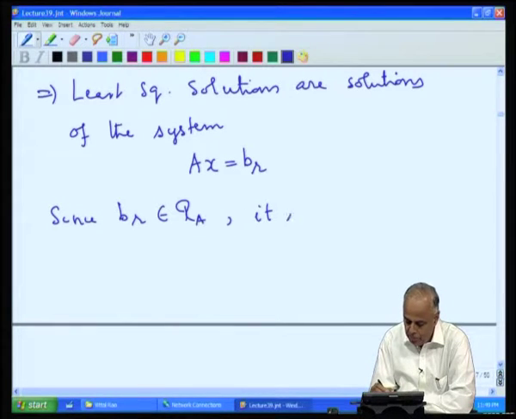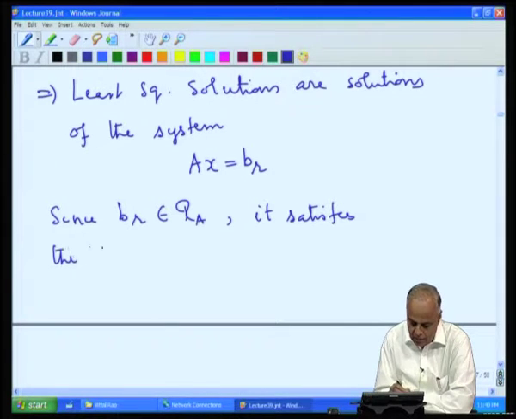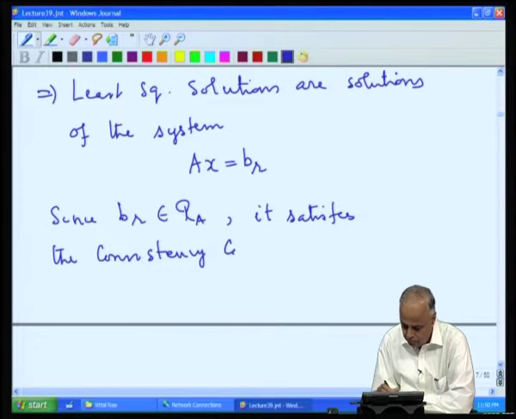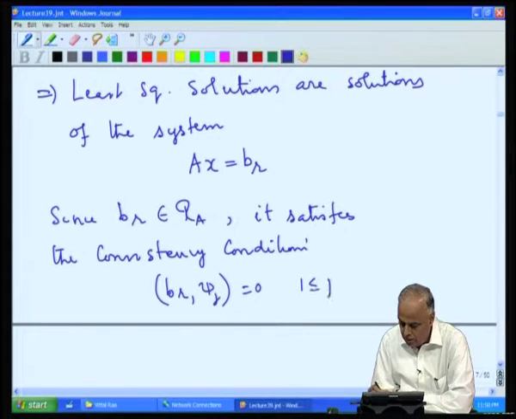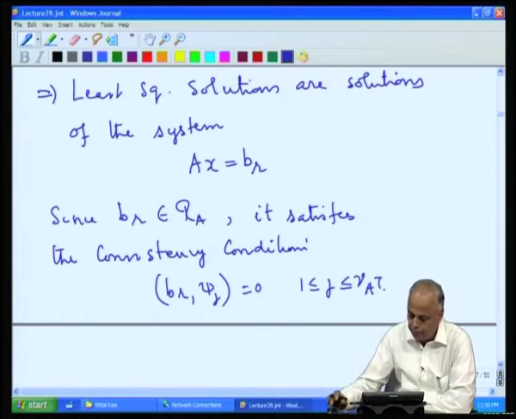So, it satisfies the consistency conditions <b_r, psi_j> equal to 0, 1 less than or equal to j less than or equal to nu, for A transpose.